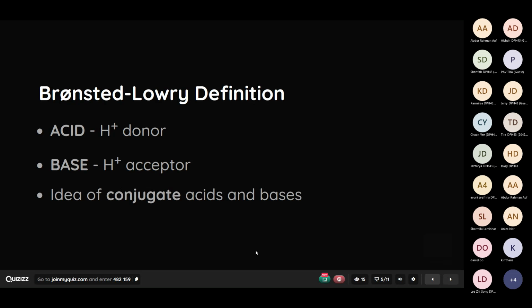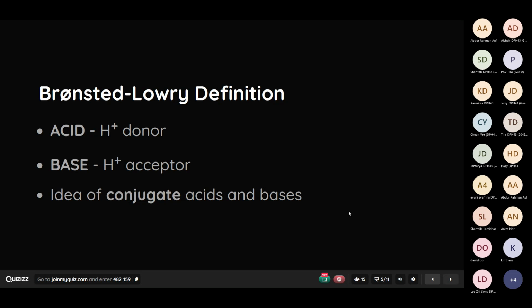The idea of conjugate acids and bases. So Bronsted and Lowry, as I said earlier, complements it. Arrhenius is incomplete because there are substances that, if we follow the Arrhenius definition, are acids, but after a certain reaction we find they are not acids, they are bases. This is because the Arrhenius definition of acid and base is incomplete. Okay, it does not cover all substances.